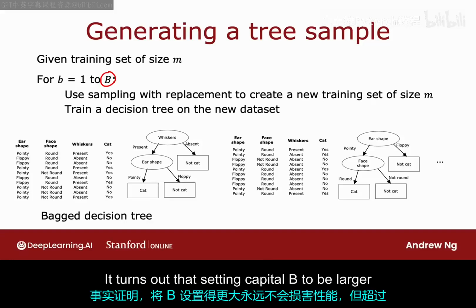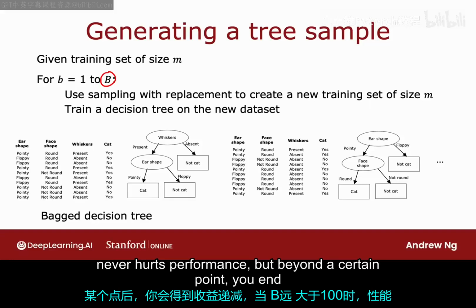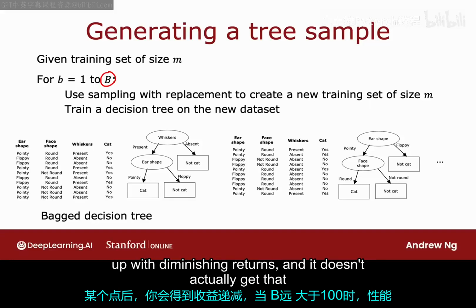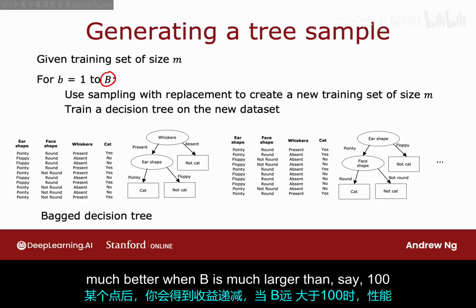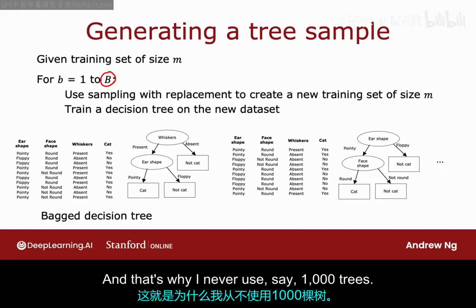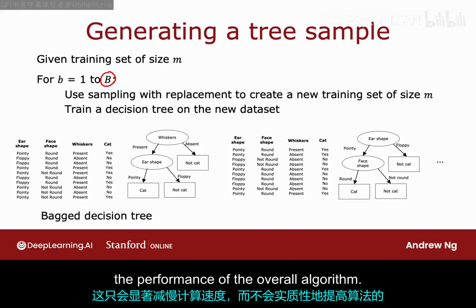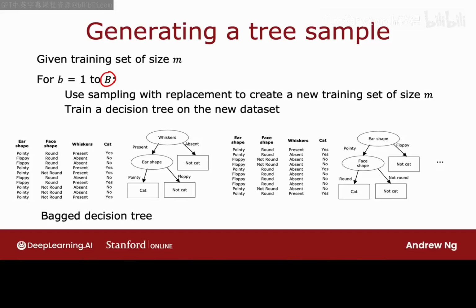It turns out that setting capital B to be larger never hurts performance, but beyond a certain point, you end up with diminishing returns, and it doesn't actually get that much better when B is much larger than, say, 100 or so. And that's why I never use, say, 1,000 trees. That just slows down the computation significantly without meaningfully increasing the performance of the overall algorithm.